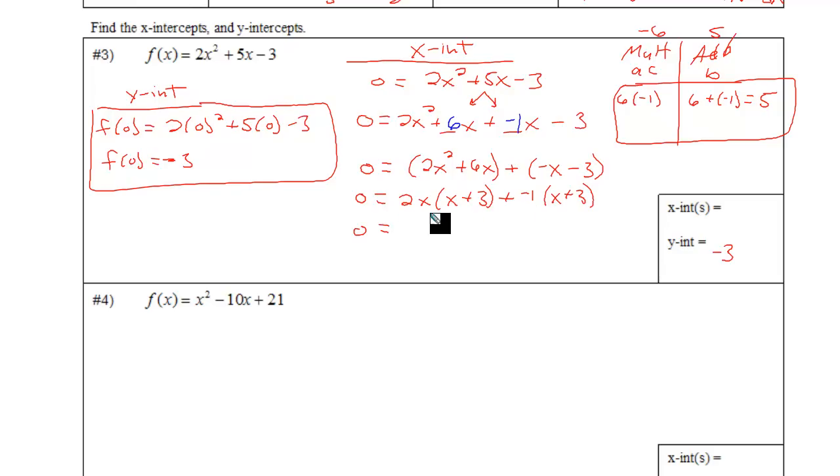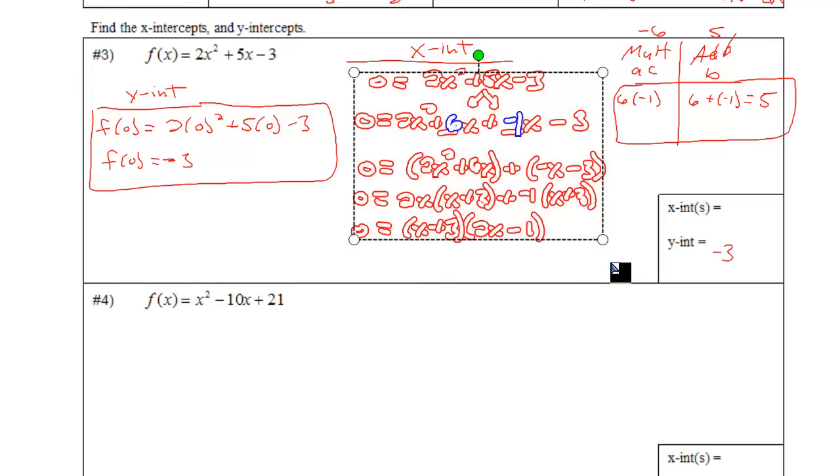GCF of these two groups, of these two terms, is x plus 3. What's left from this first term is a 2x. What's left from the second term is a plus -1, or just a subtract 1. Then you take each factor, set it equal to 0.